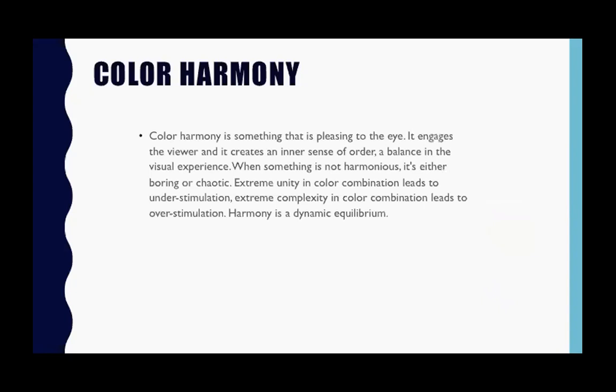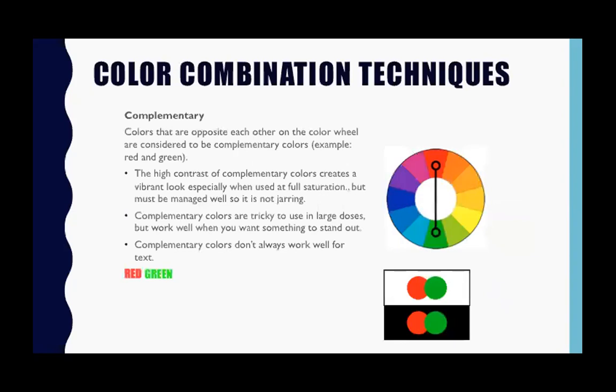Extreme complexity in color combination leads to overstimulation. And harmony is a dynamic equilibrium. So it's all about balance. Color harmony is definitely all about balance as well. So make sure you're not crossing the line with the extremes there.